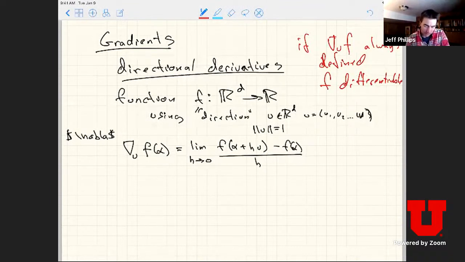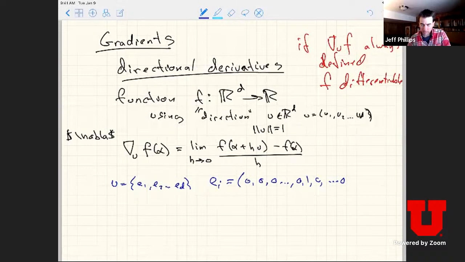We're going to be interested in directional derivatives where we want u to be from the set e1, e2, up to ed, where ei is a vector that looks like this, with a 1 in the ith coordinate.